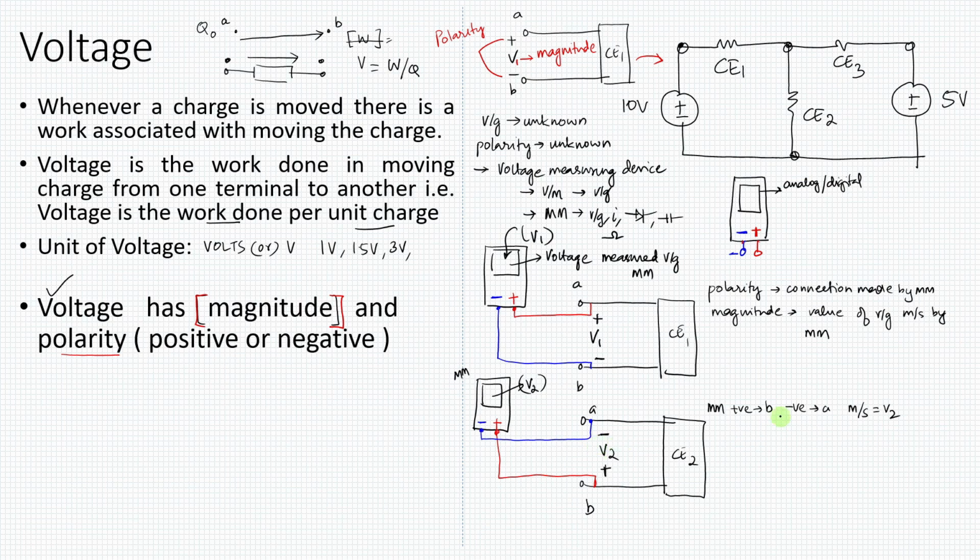Now the important thing here is that the value of V1 can be positive, negative or 0, based on your connection. Similarly, V2 can be positive, negative or 0.